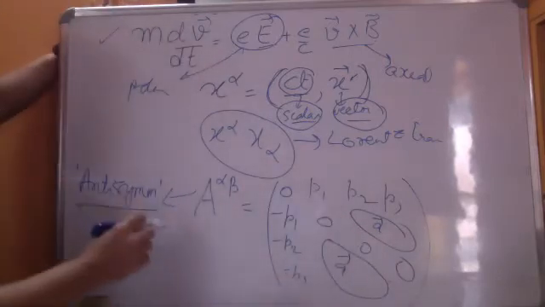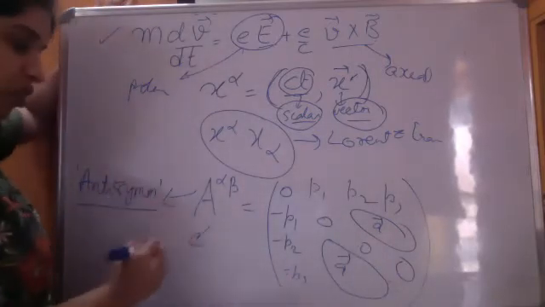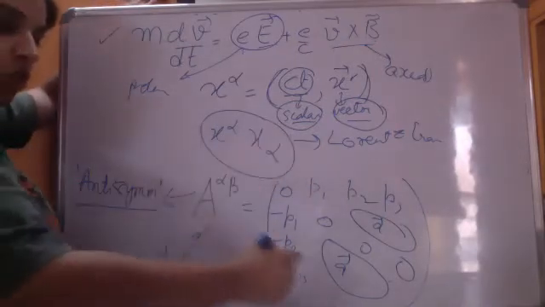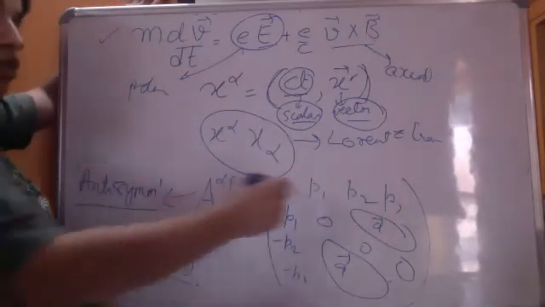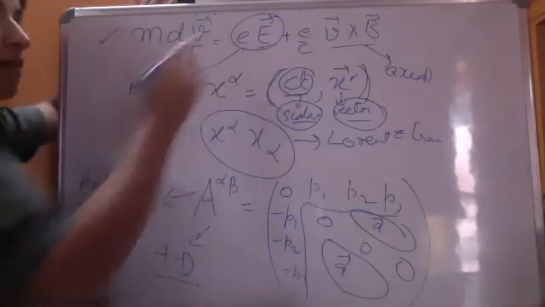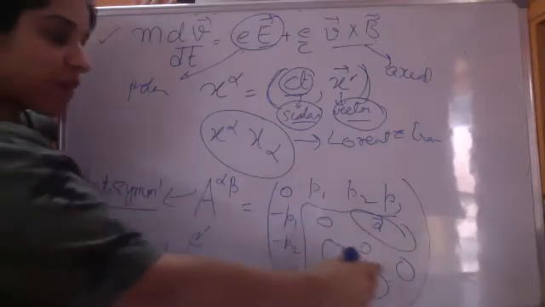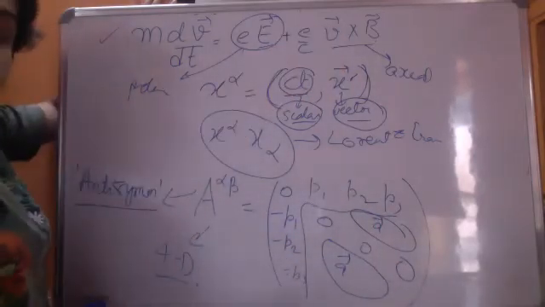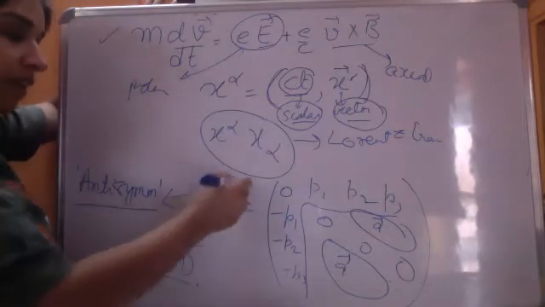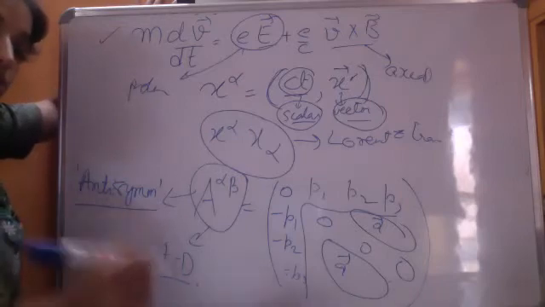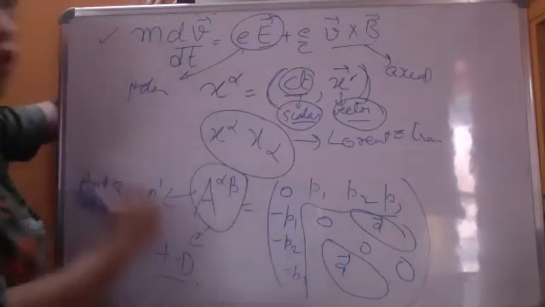So if you construct in four dimension a quantity like this, whose time components are basically polar vectors and whose spatial components are basically components of an axial vector, then a quantity is formed which is an antisymmetric tensor of rank 2 in four dimension.